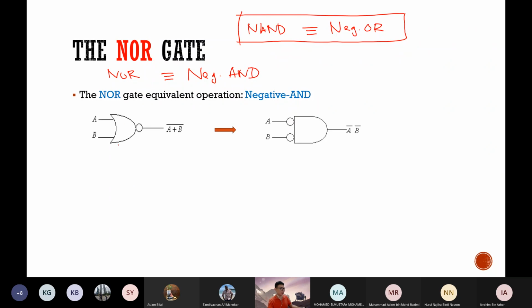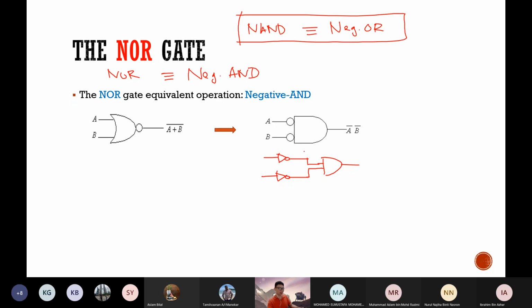So this is a NOR gate, and this is the Boolean equation for a NOR gate. And over here, I have a negative AND gate. The negative AND gate, to help you understand, you can redraw it this way: negative, negative, and this is an AND gate. I believe you are a better artist than I am, so you can draw this better than me.